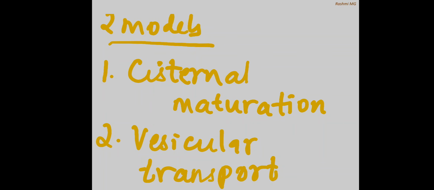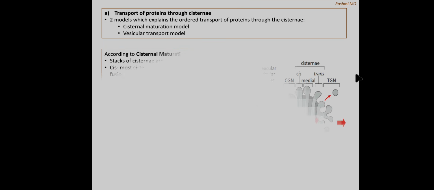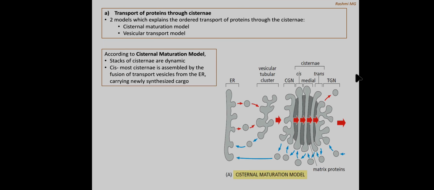Cis-most cisterna is assembled by the fusion of transport vesicles from the ER carrying newly synthesized cargo. Each cisterna matures as it migrates outward through the stack. At each stage, the Golgi resident proteins that are carried forward in the cisternae are moved backward to an earlier compartment.